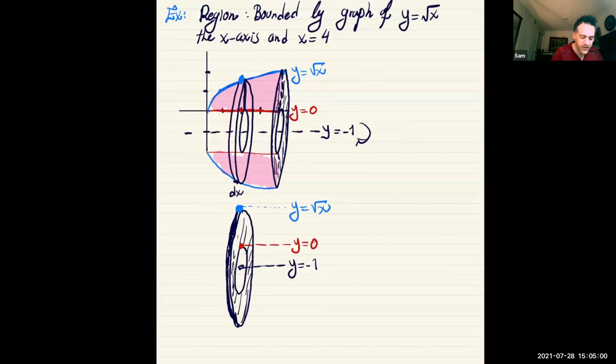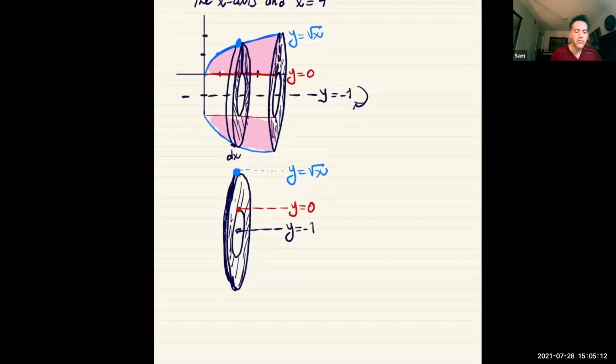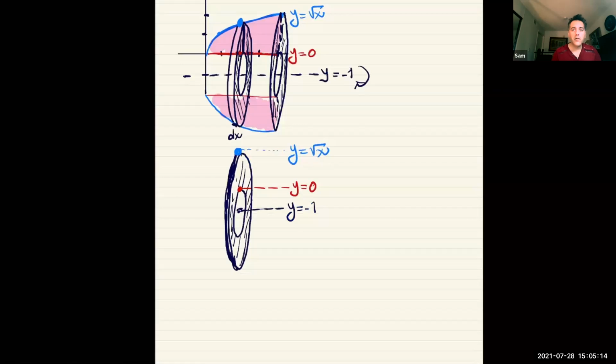I am the worst at drawing things, I really am, so I don't think you guys should be worse than me when it comes to drawing a washer. Draw the washer out. You want to know how to identify the radius.